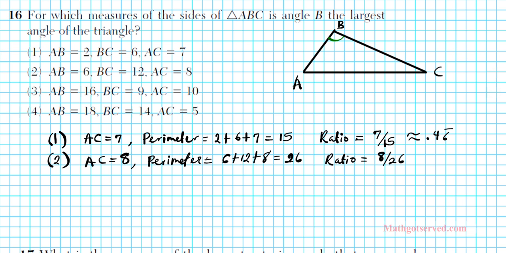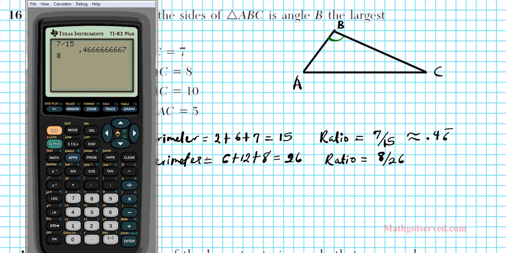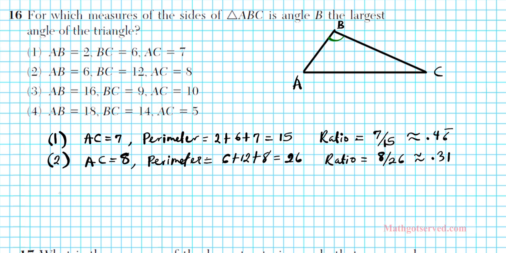Let's input that into our calculators and see what we get. 8 divided by 26, 0.307. So we see option 1 is bigger here, 0.31. All right, now let's do option 3.